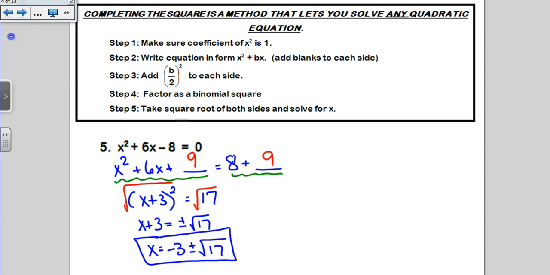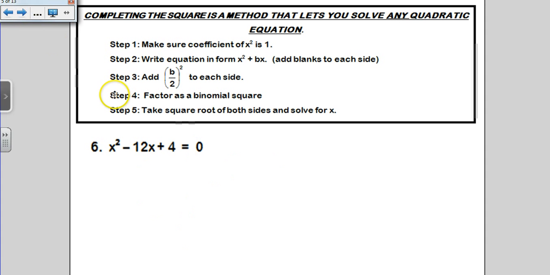And we're done. Moving on to number 6. First coefficient is a 1, so we're good to go. I'm going to add, this time subtract the 4 to the other side. And at the same time, I'm going to leave blanks for the c value we're going to come up with. Alright, our c value would be half of negative 12, which is negative 6, and then when I square that, I get a positive 36.